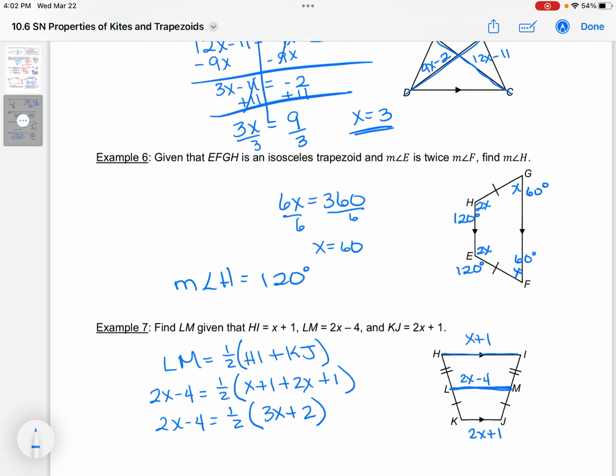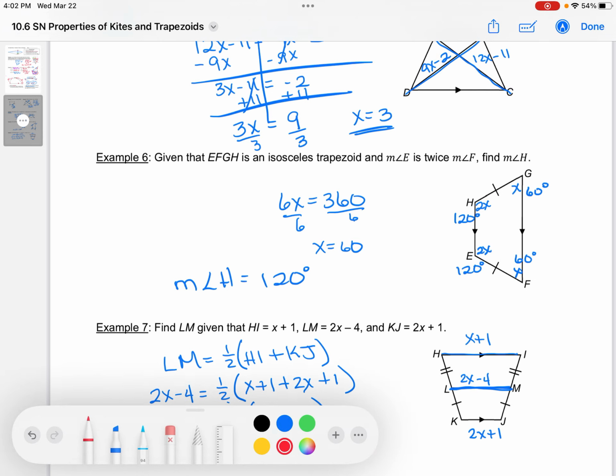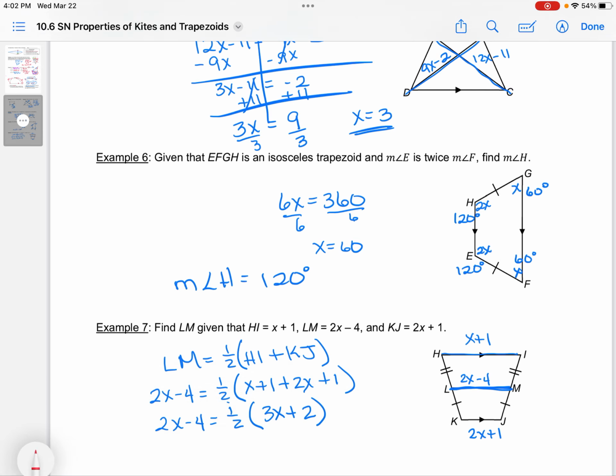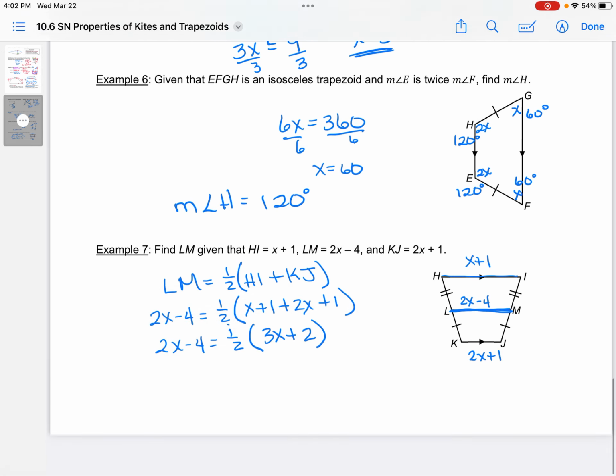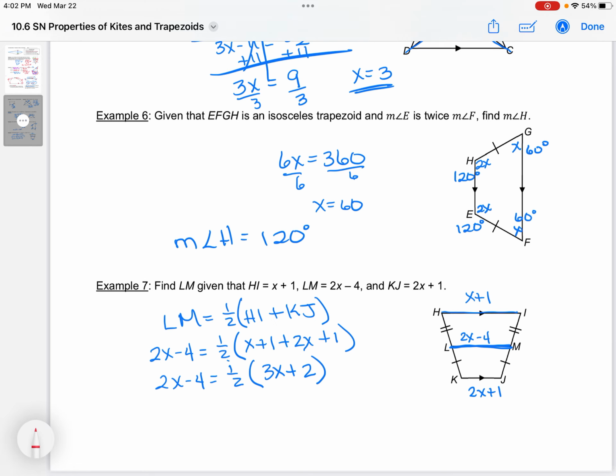Okay, so to get rid of my 1/2, I'm going to multiply this side by 2 and this side by 2. Because what that does is these guys cancel out. And I'm left with 4X minus 8 equals 3X plus 2.